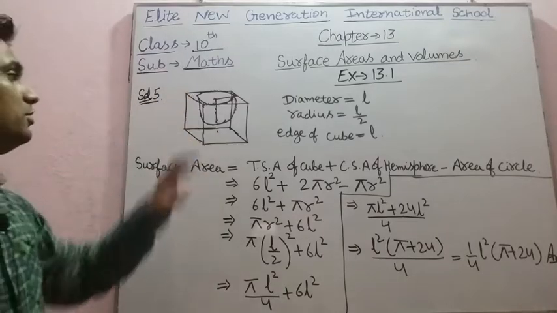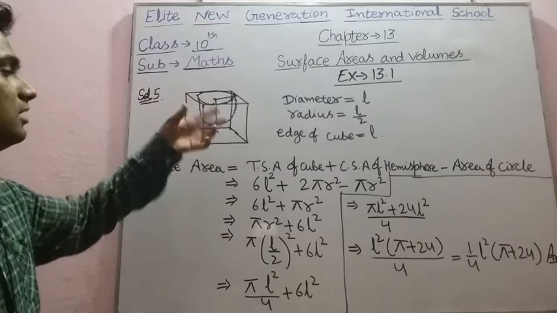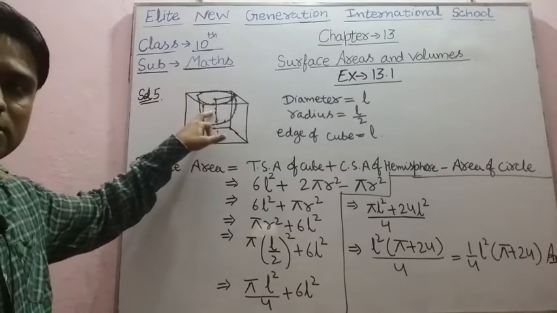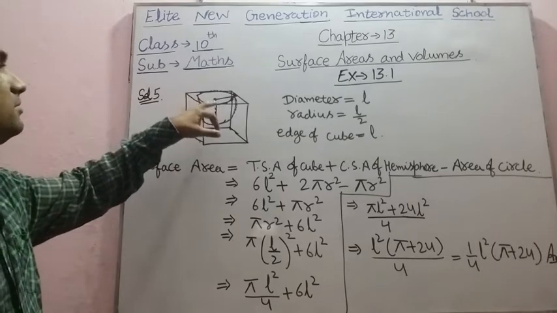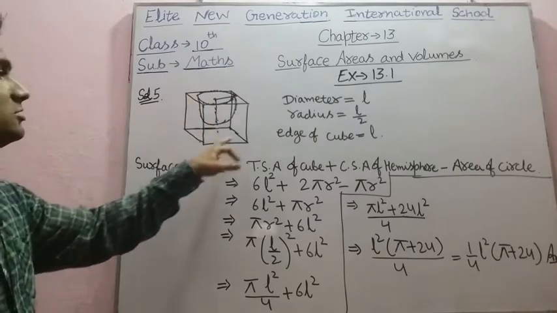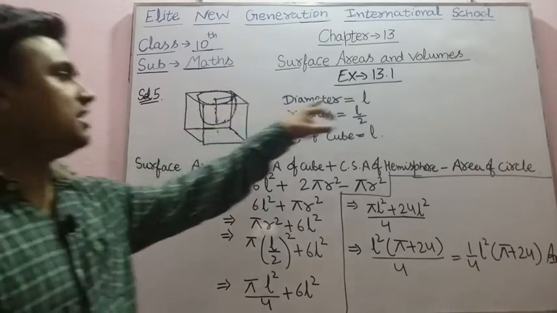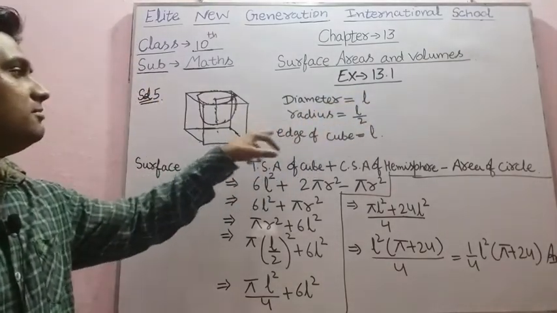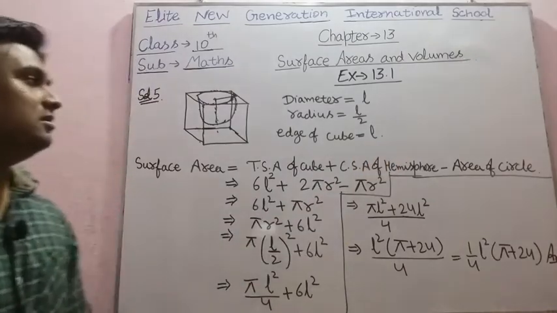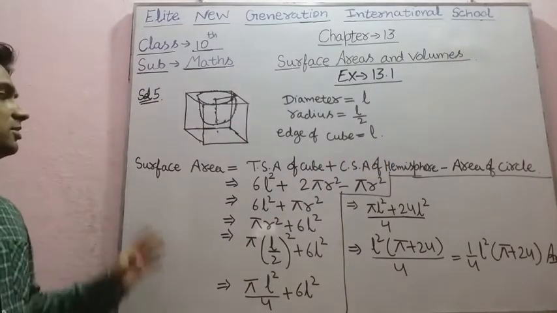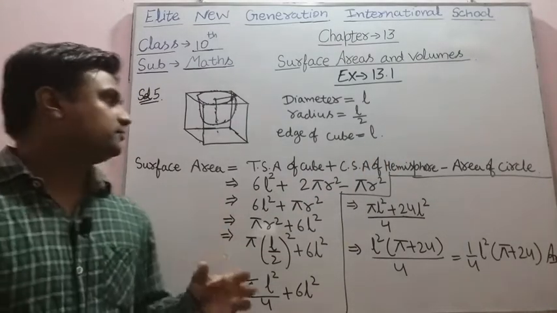In this cubical block we cut out a hemispherical part. When we cut out the hemisphere and its diameter is the same as the edge of the cube, we can take the diameter as L. So the radius of this hemisphere will be L upon 2. Now the edge of the cube is given as L.